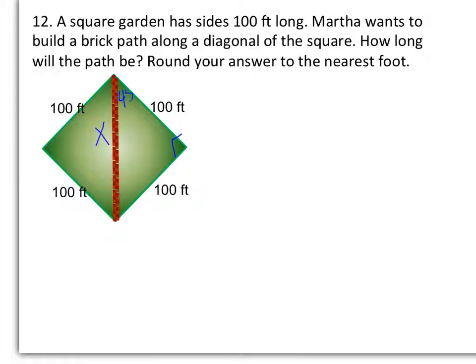That means this is 45 degrees and 45 degrees. So to go from our side to the hypotenuse, we're going to multiply by the square root of 2. So to the nearest foot, 100 times the square root of 2 is about 141 feet.